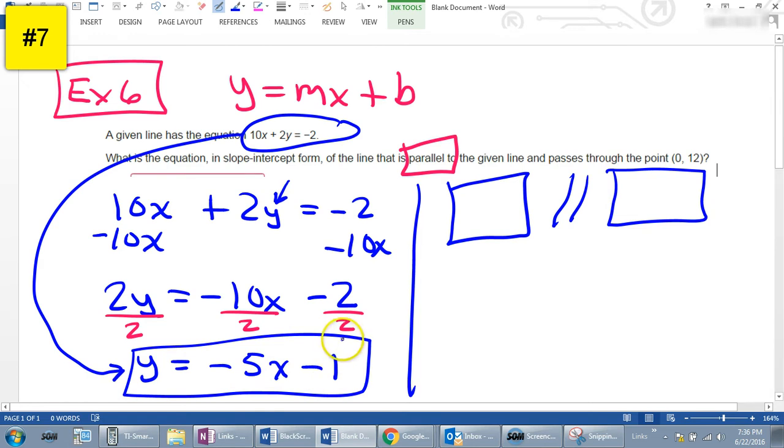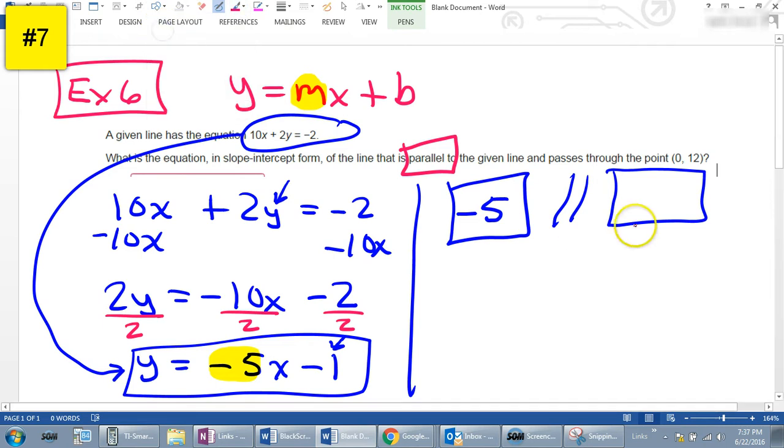No, that's the y-intercept, would be -1. What's the slope? -5. Yeah, the slope is the m of y equals mx plus b. M is the slope. The slope is -5. Okay, so the original slope is -5.